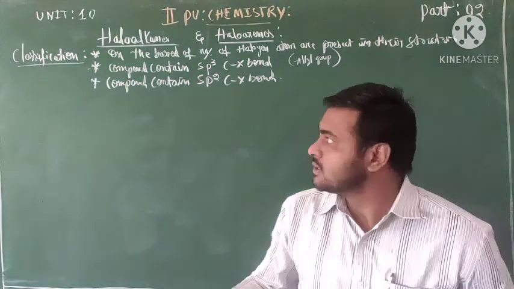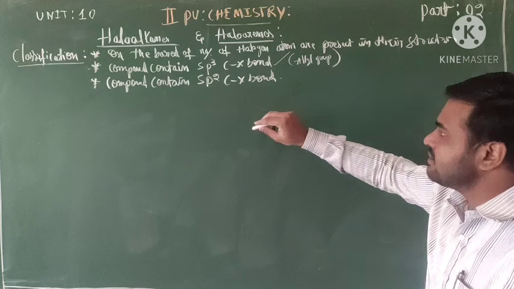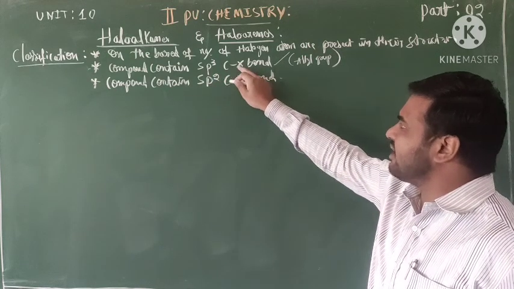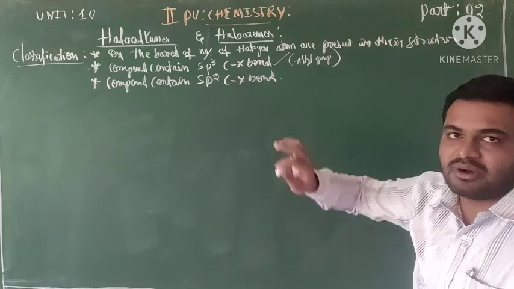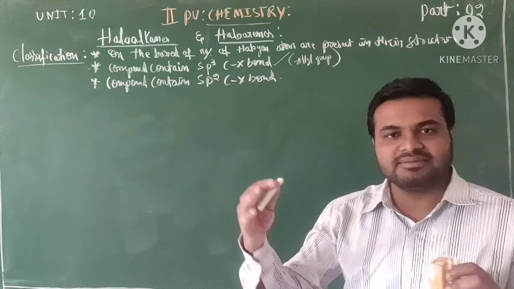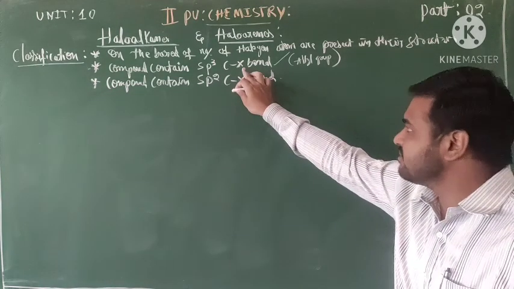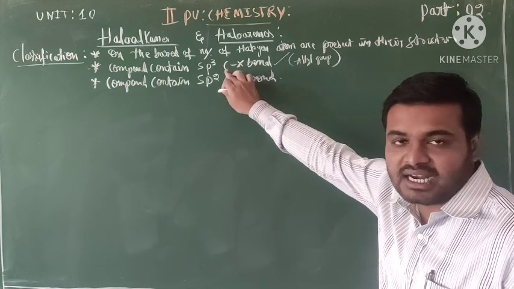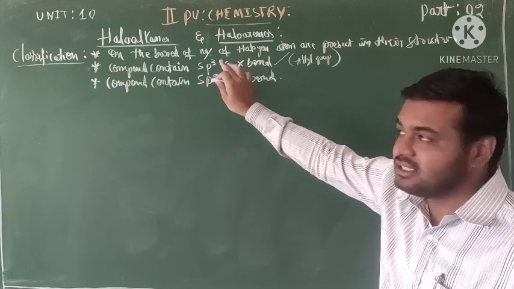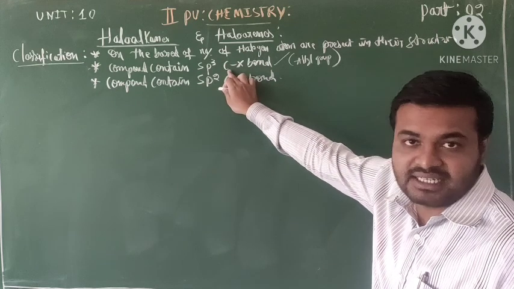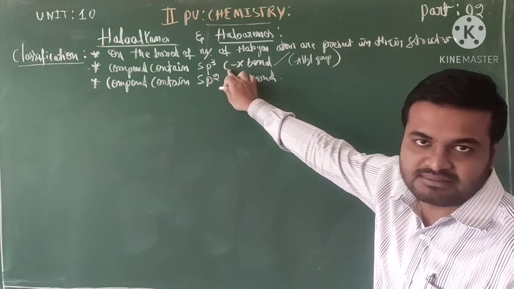In the second one, the compound contains an sp3 carbon and halogen bond. In this type of compound, the halogen atom is attached or bonded to the sp3 carbon atom.